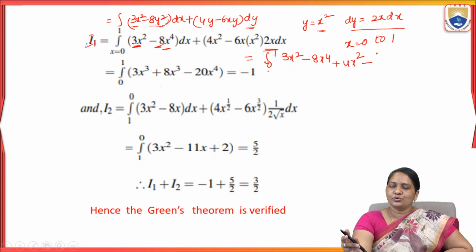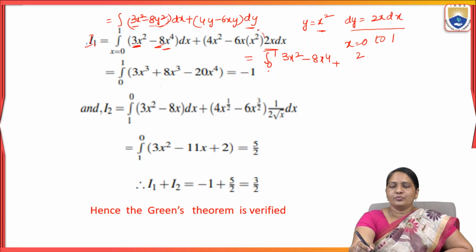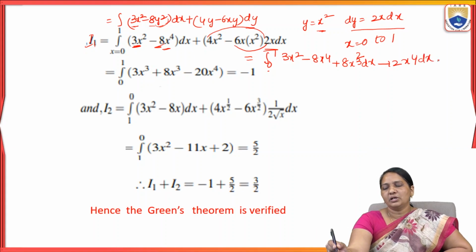So 4x square into 2x dx. 4 2s are 8. 8 x square into x is x cube into dx minus 6 2s are 12. So x into x square is x cube into x is x power 4. So minus 12 x power 4 into dx.